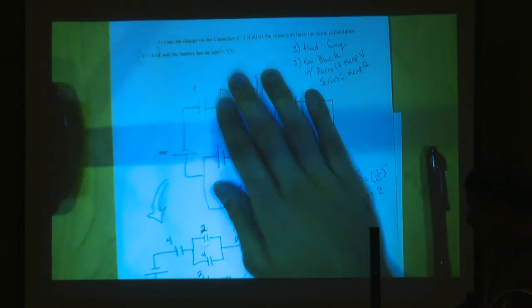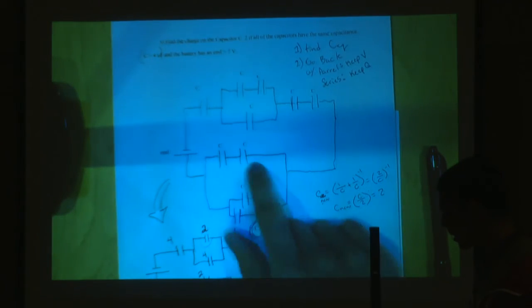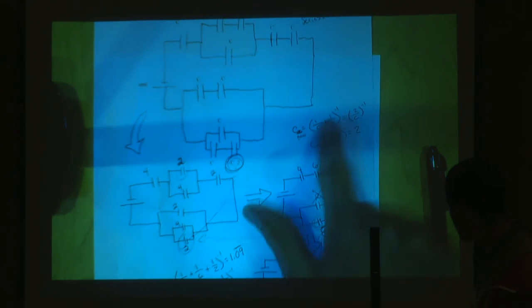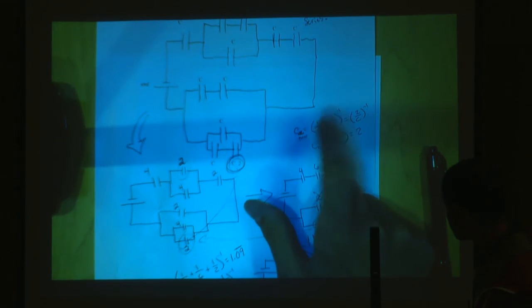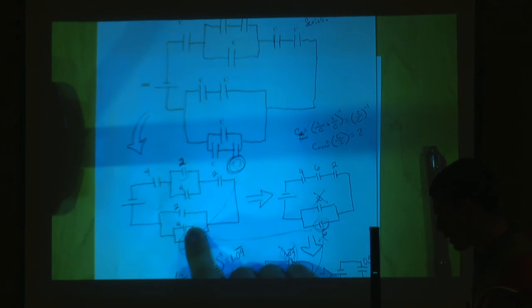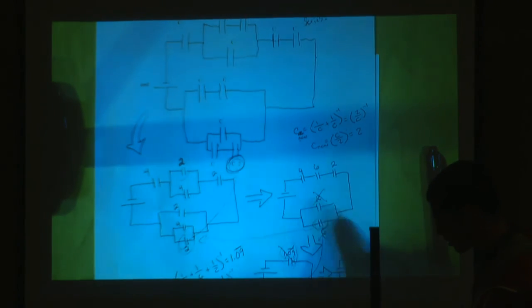So we had this. We combined kind of all of these that are in series to give us this one, okay? And because they were in series, we had to do our inverse rule. We simplified this further by taking these two that were in parallel, so this one and this one to get this.